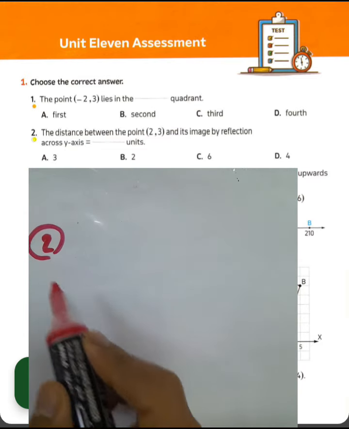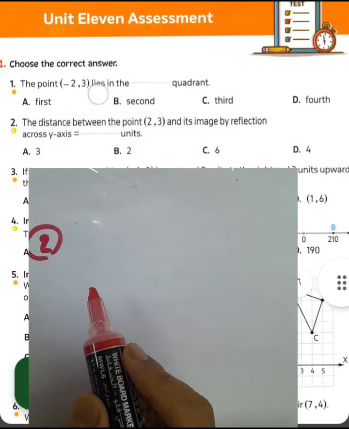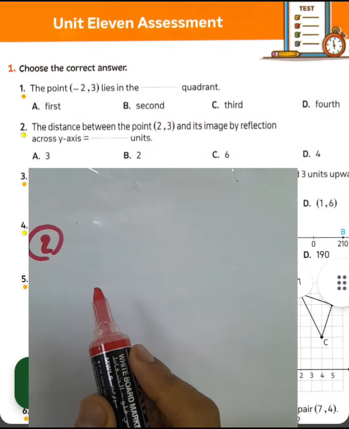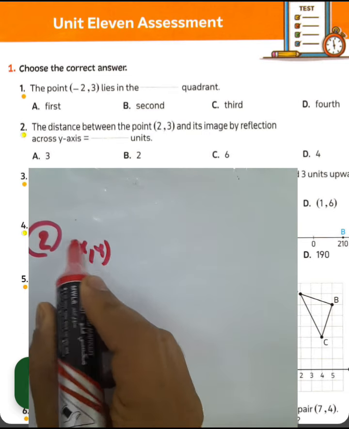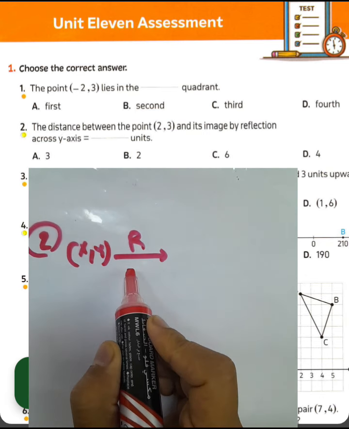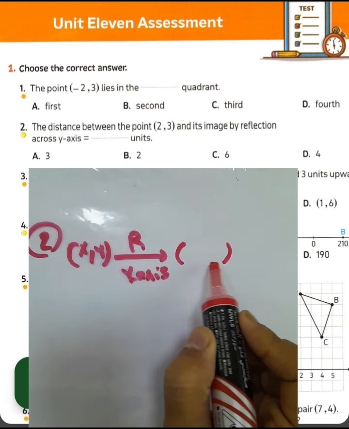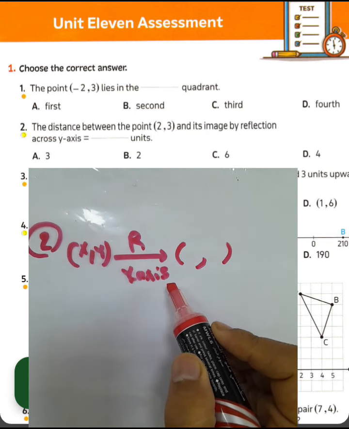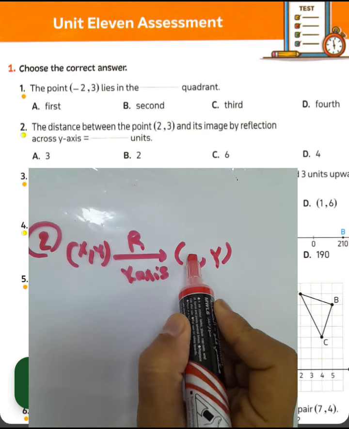Question number 2. The distance between the point (2, 3) and its image by reflection across the y-axis is what? We have the rule: for the point (x, y), to find the image by reflection across the y-axis, you keep y and change the sign of x.